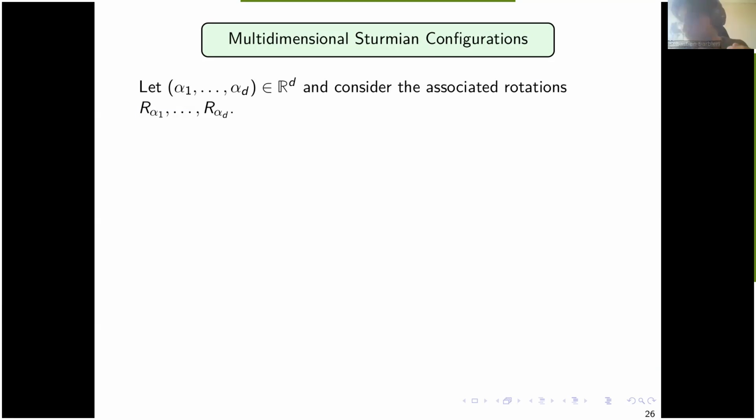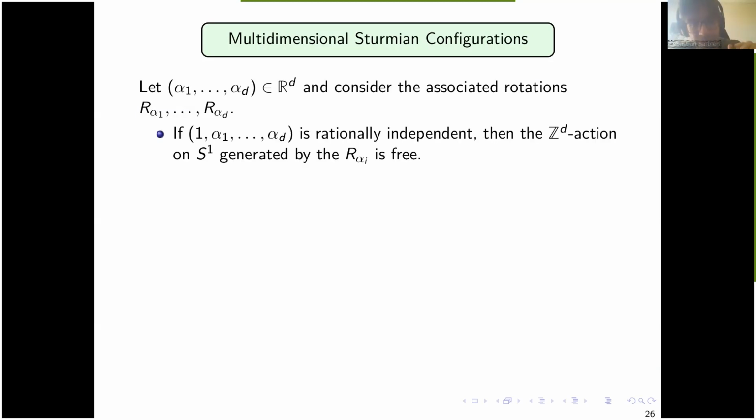Instead of taking one rotation on the circle, I'm gonna take D independent rotations, and I'm gonna take the obvious partition and do exactly the same. So I take D numbers, alpha in R to the D, I take the rotations, and I'm gonna suppose that this vector, 1, alpha 1 up to alpha D, is independent over the rationals, so I don't get periodicity. This is what I'm gonna call a totally irrational vector.